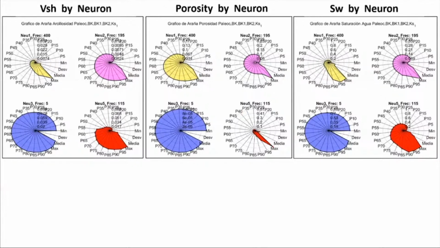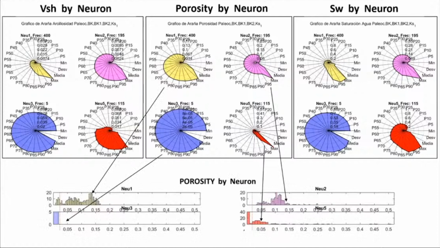For some interpreters, radar charts are an easier way than histograms to analyze the data. Of course, they represent the same pattern in a different way.